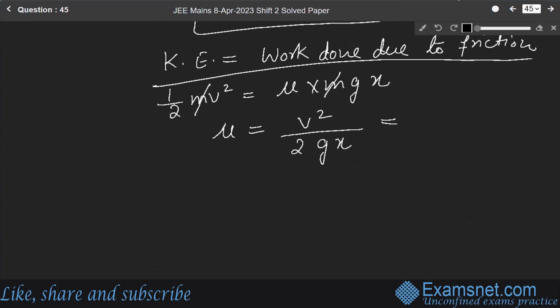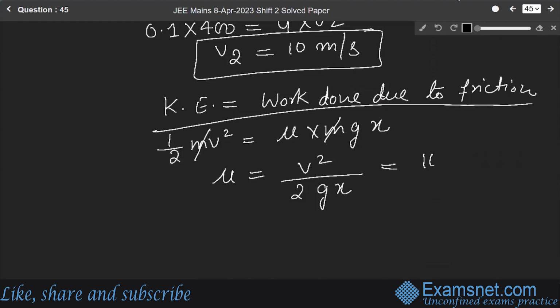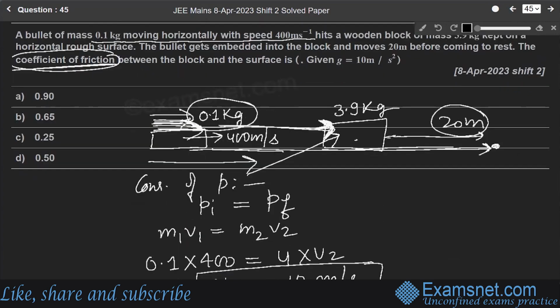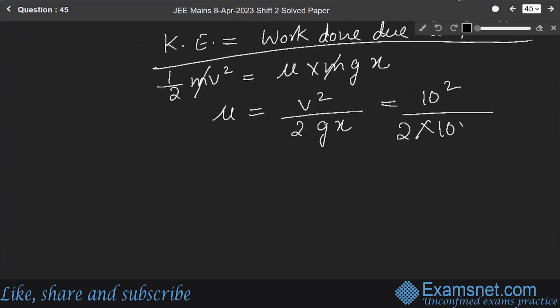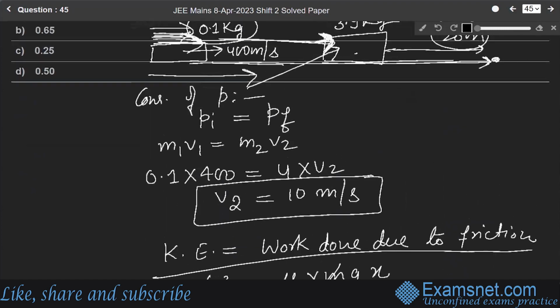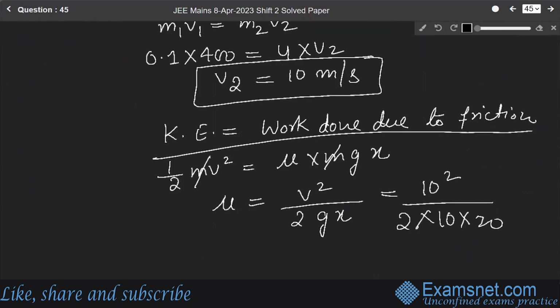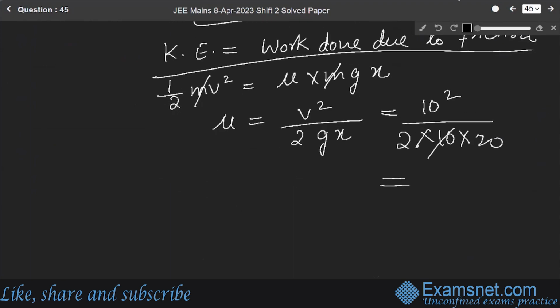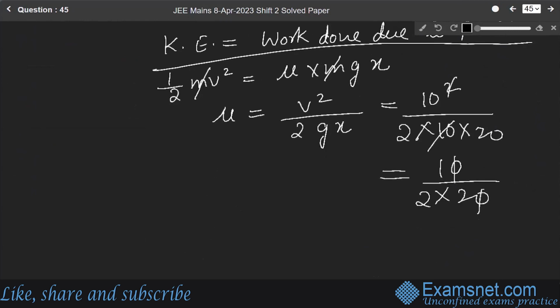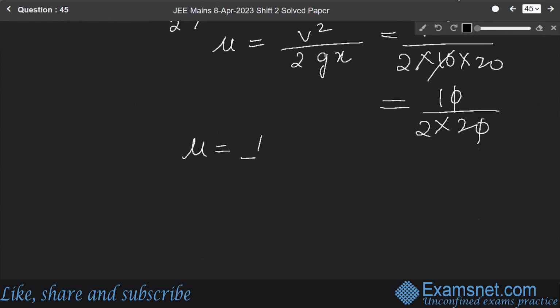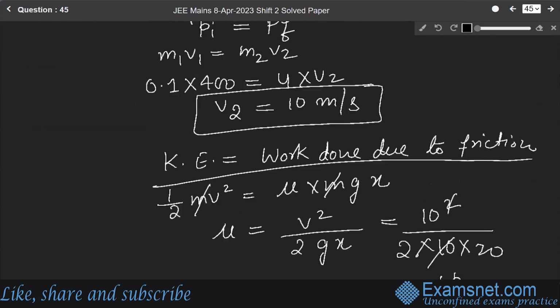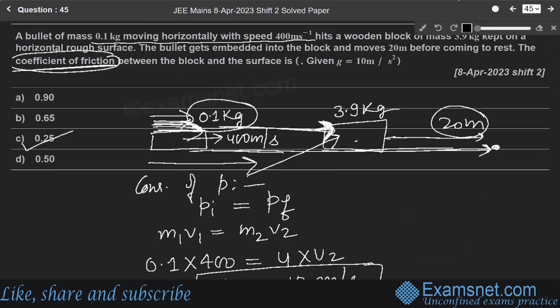So v square is 10 square over 2 into g. g is given as 10 meter per second square, into x. x is 20 meters. So 100 over 2 into 10 into 20, that is 1 by 4. Mu is equal to 1 by 4, which means 0.25. So the coefficient of friction is 0.25. Option C is correct.